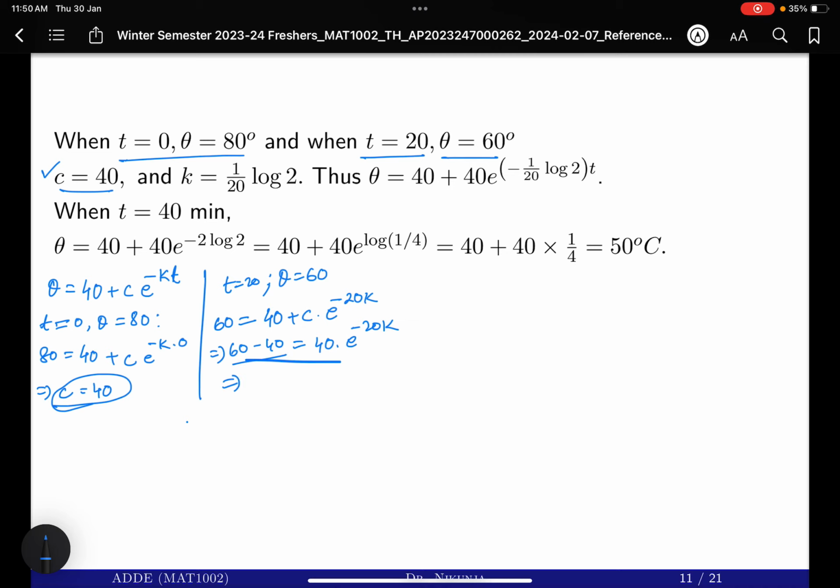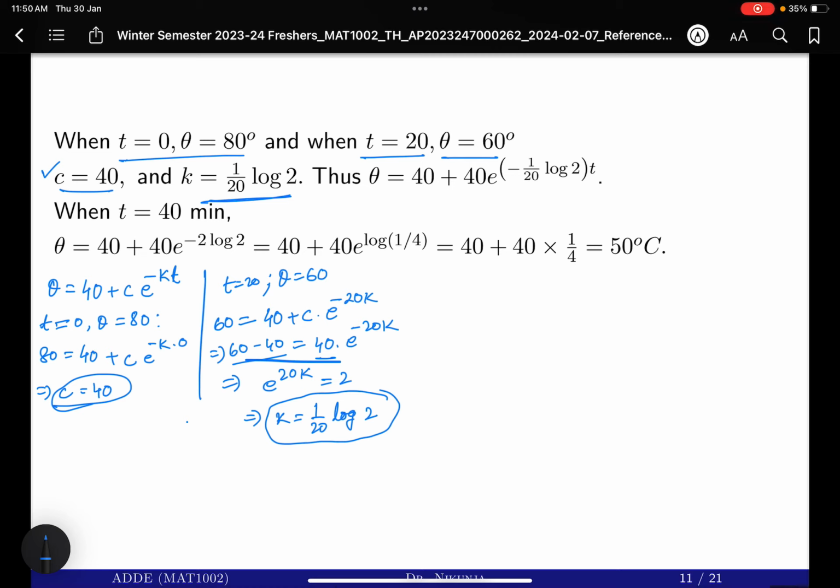From here you get e power 20k equals 2. Taking logarithm on both sides, ultimately you will get k equals 1 by 20 log 2. So this value is here.